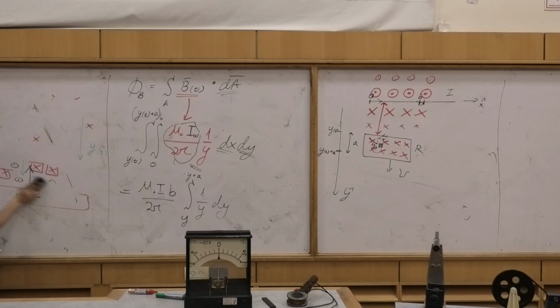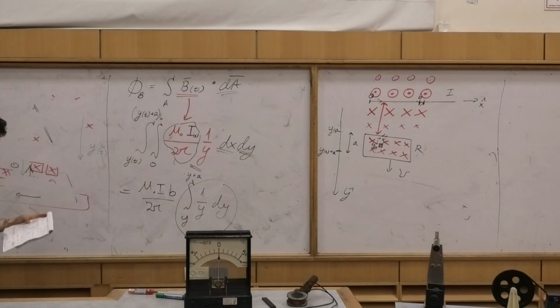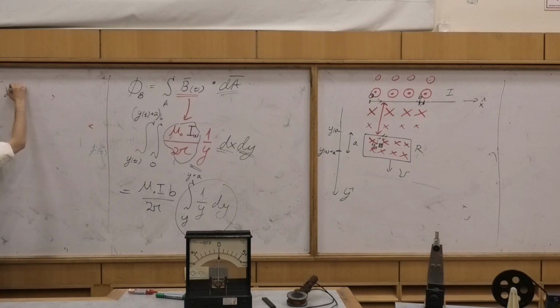So we're going to get the result of this constant, mu I b over 2 pi, times ln, with upper limit yt plus a and lower limit yt.